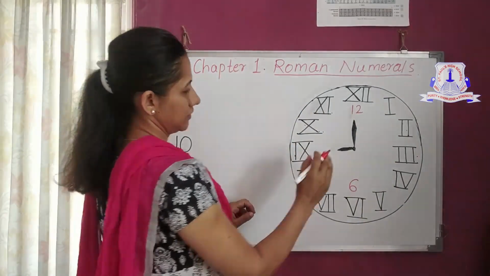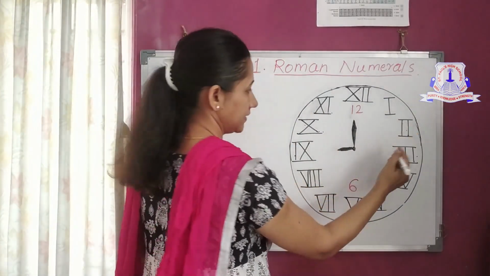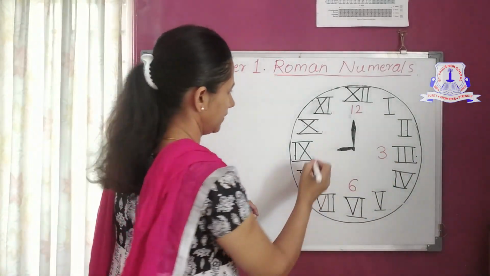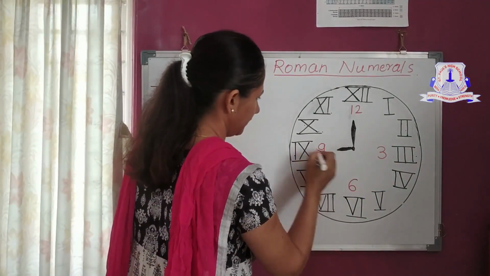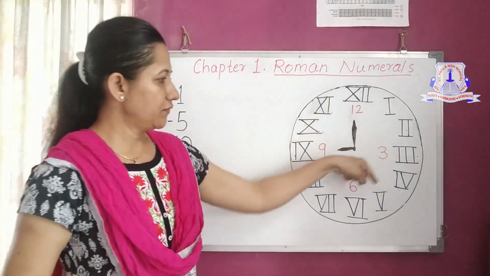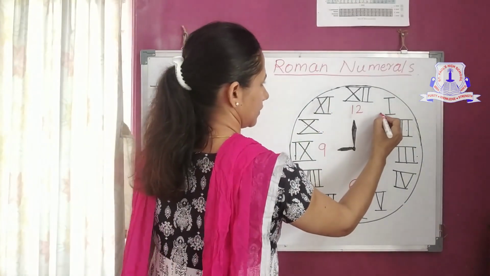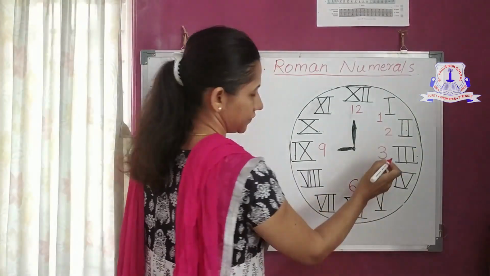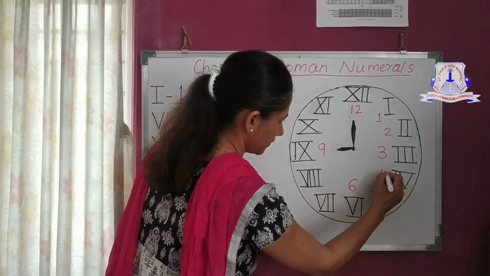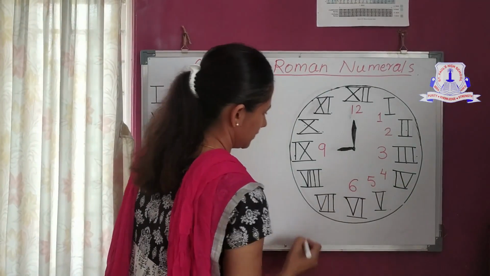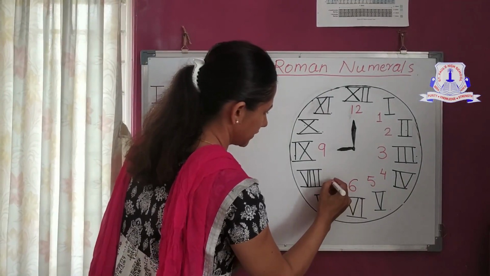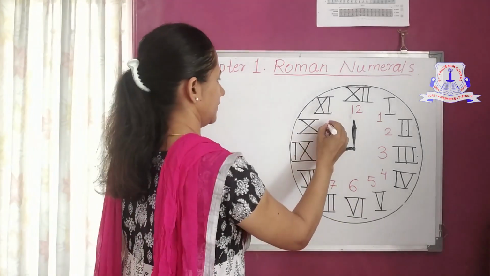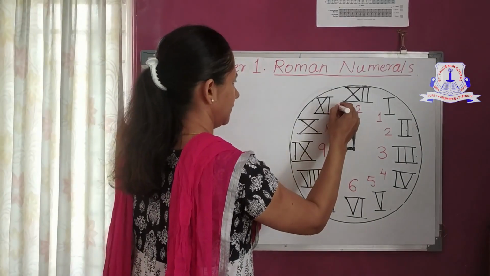Towards the right hand side you have number 3, then here you have number 9. In between you have 1, 2, 3 already written, then 4, 5, 6 already written, then 7, 8, 9, then 10 and 11.